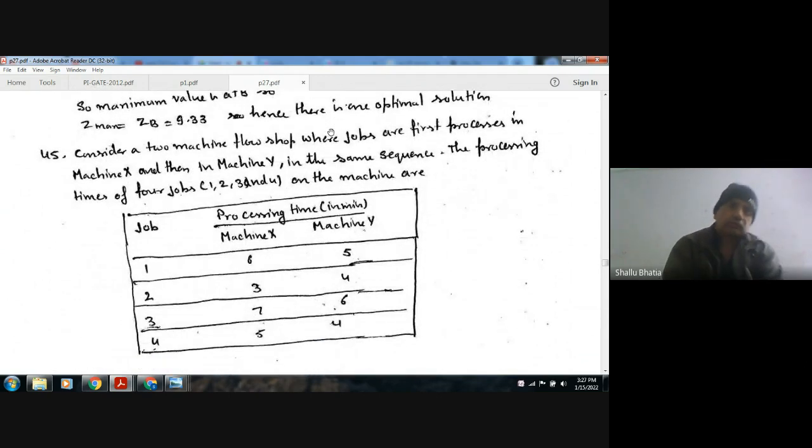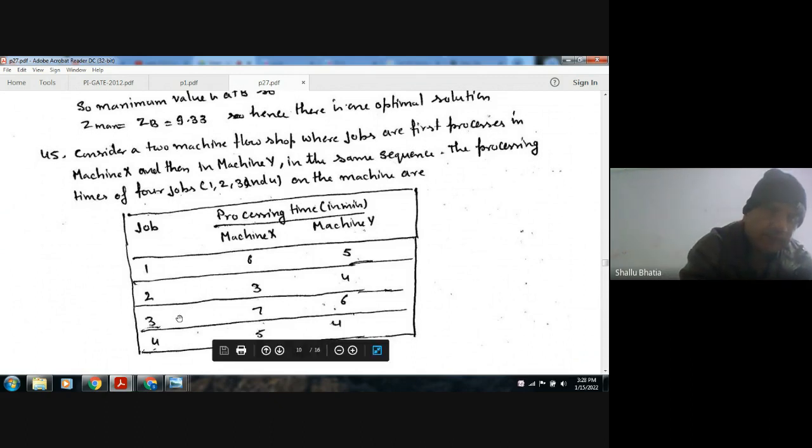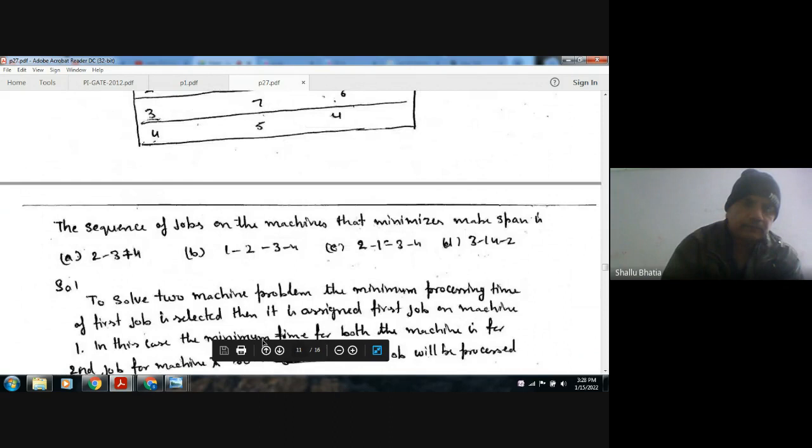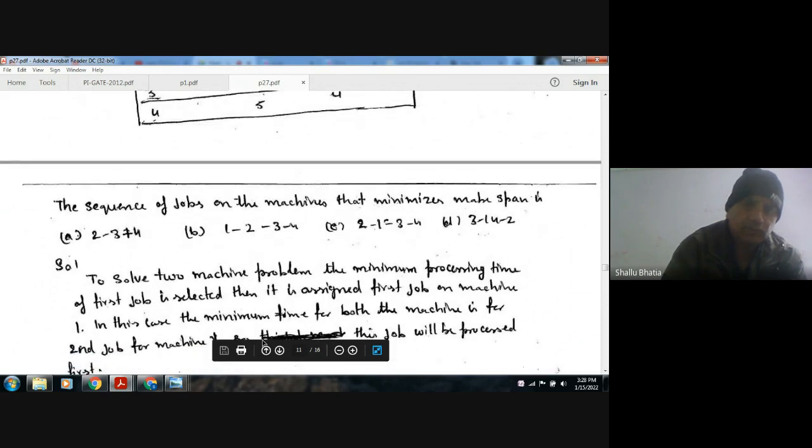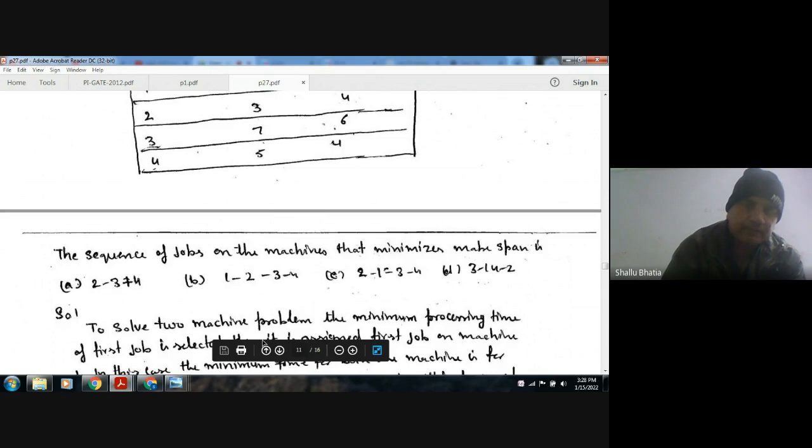Next, consider a two machine flow shop where the jobs are first processed on machine X and then on machine Y in the same sequence. The processing times of four jobs 1, 2, 3, and 4 on machines X and Y are: job 1, 6 and 5; job 2, 3 and 4; job 3, 7 and 6; and job 4, 4 and 5.